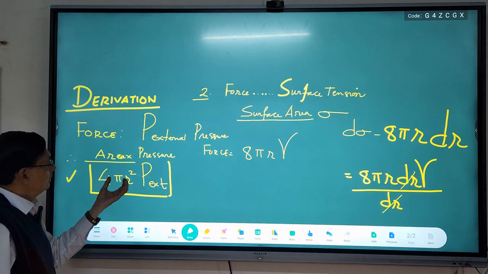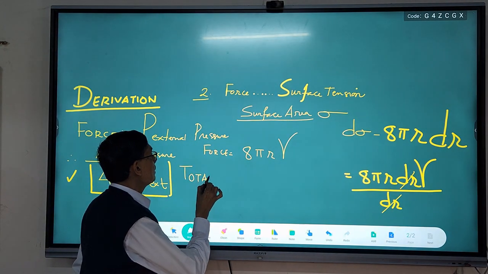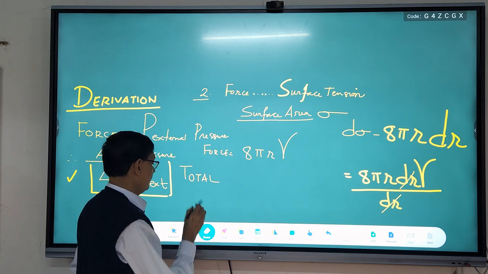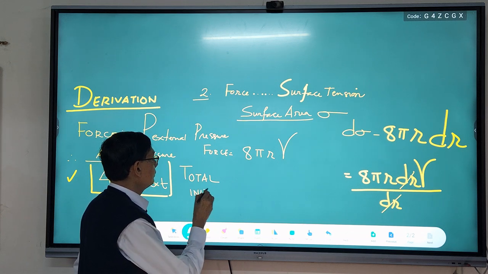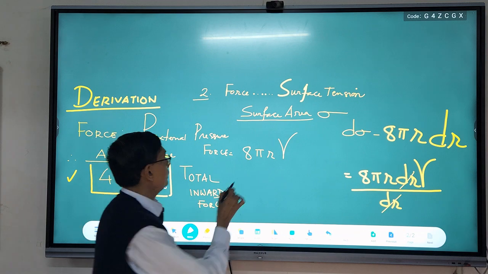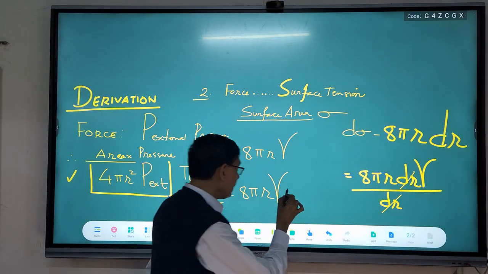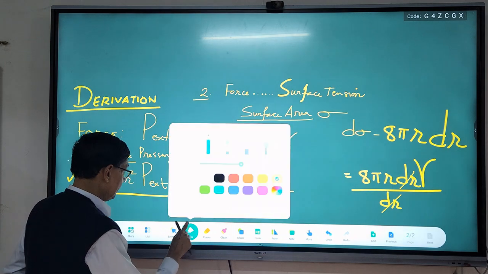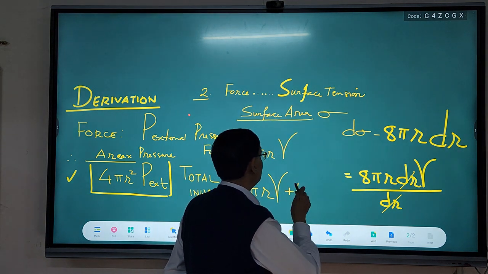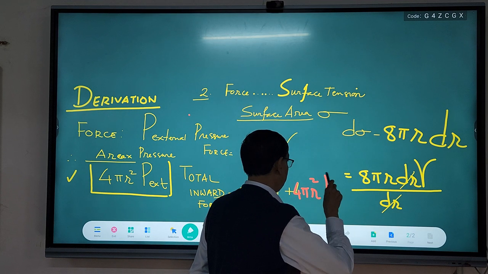Once we calculate the evaluation of force due to the change in surface tension, we have already calculated the force due to the external pressure. Now the total inward force due to the external pressure: it is 8 pi r gamma due to surface tension, plus what we have already calculated, 4 pi r square P external.